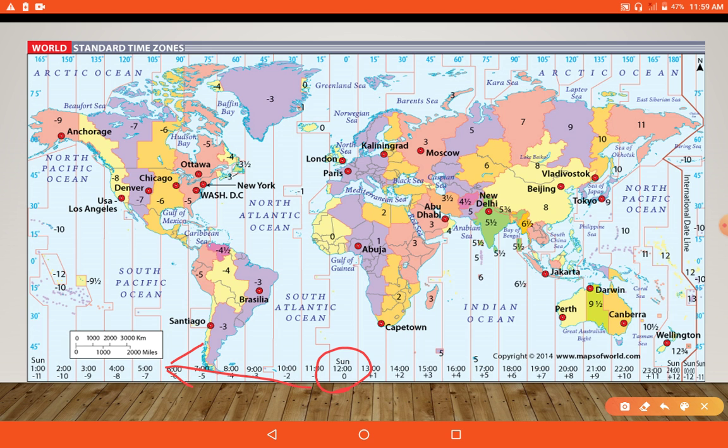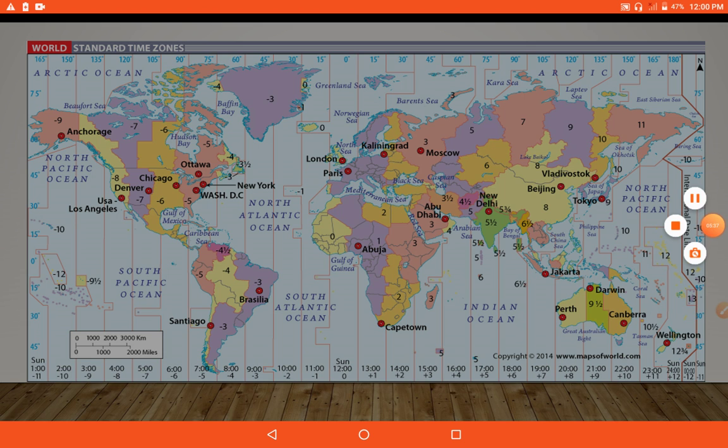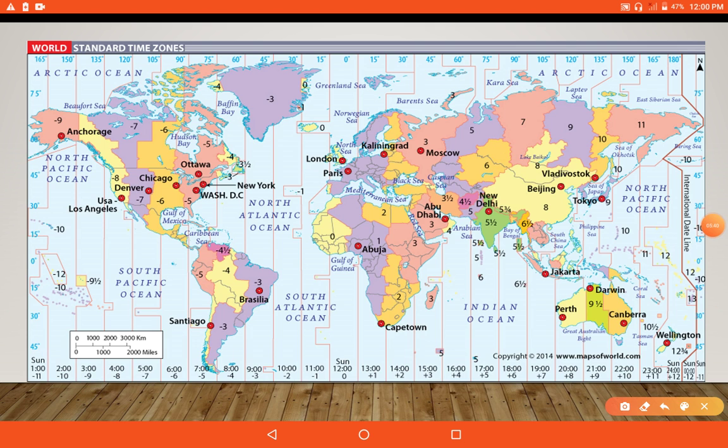These numbers are decreasing, like -1, -2, -3, -5, right? And if you move toward the eastern countries, numbers are increasing, right? +1, +2, +3, +4, +5, +6, right?